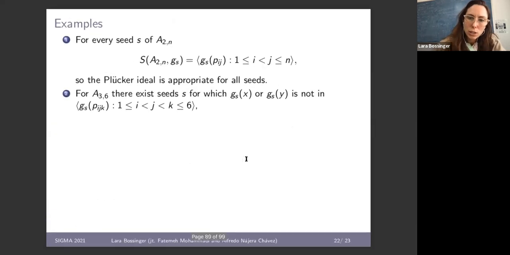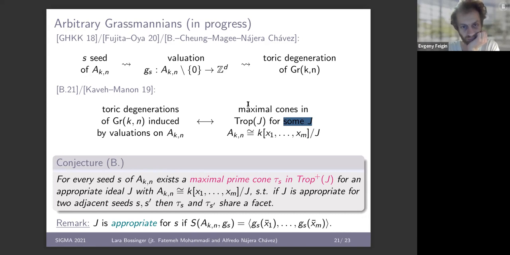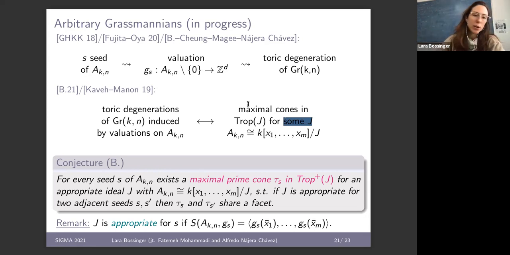So I have this relation here between toric degeneration induced by valuations and maximal cones in the tropicalization of some ideal J. And this ideal, the Plucker ideal J36 here, does not work for all these valuations obtained from seeds for the Grassmannian 3.6. Okay, I see. Thank you. But this slightly bigger ideal with these two extra variables works for all seeds in the case of the Grassmannian 3.6.